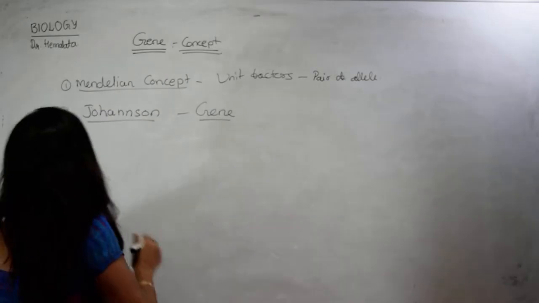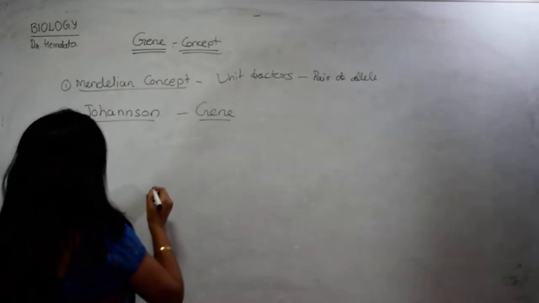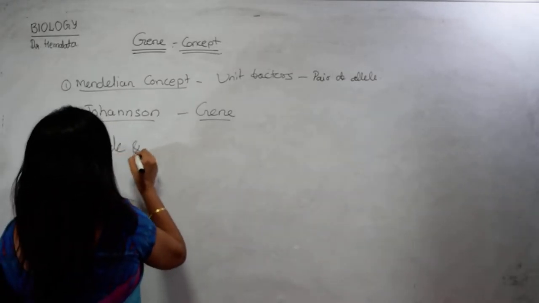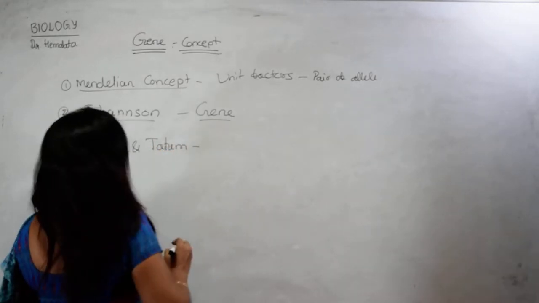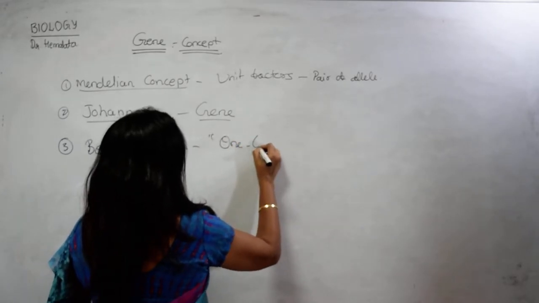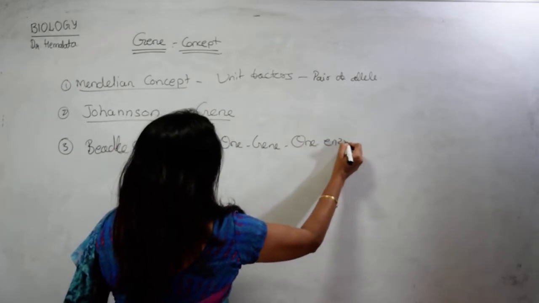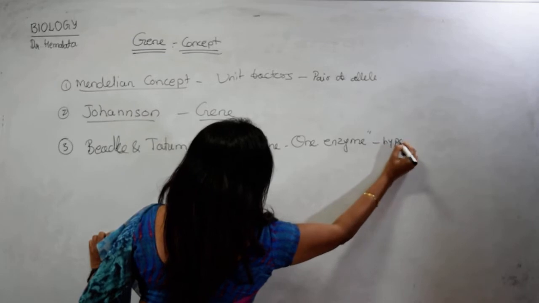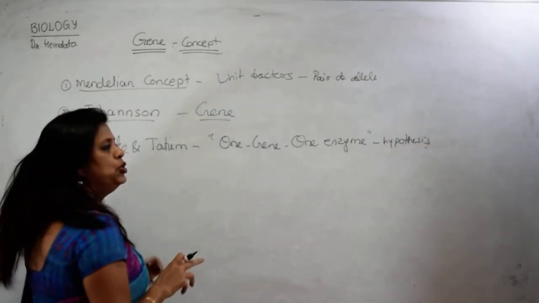Later, the third one, there was one concept brought by Beadle and Tatum. They proposed one theory, namely the one gene, one enzyme concept, or the one gene, one enzyme hypothesis. What is this actually?